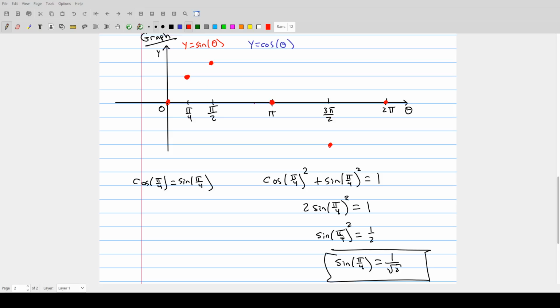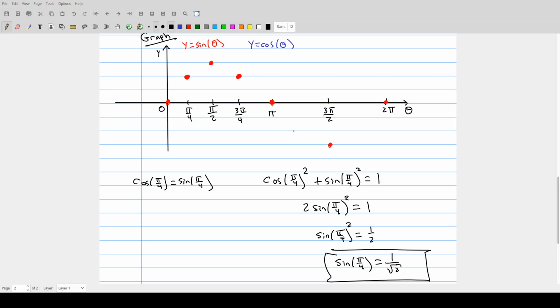And similarly, if you go through, you'll get that another angle which satisfies this is 3 pi over 4. At 3 pi over 4, the sine function is also equal to that value.